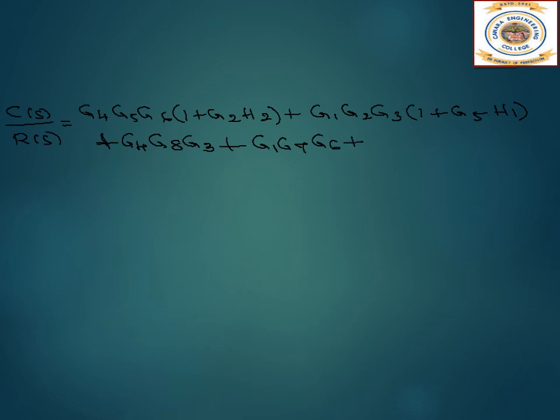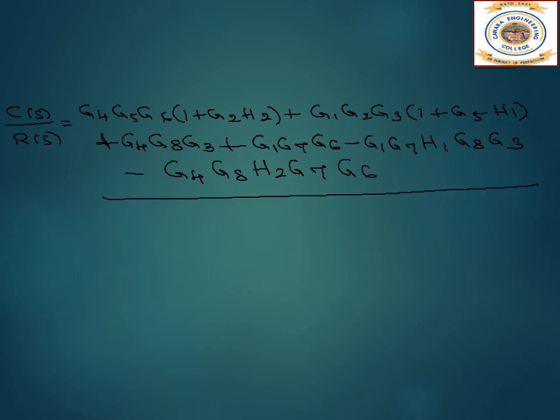Plus, now it is P5. P5 we got it as negative, so I have to write negative over here. So it is minus G1 G7 H1 G8 G3 minus P6, G4 G8 H2 G7 G6, whole divided by, now the denominator comes.